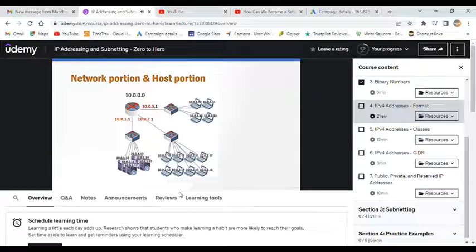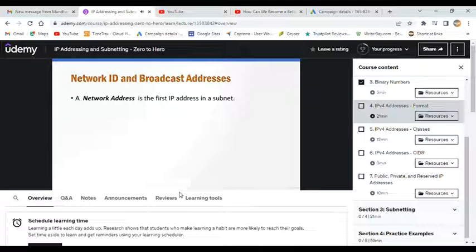Now that we've covered the types of addresses we would assign to gateways and end devices, we need to talk about two other IP addresses that are very important. The network address and the broadcast address. The network address is the very first IP address in a subnet.